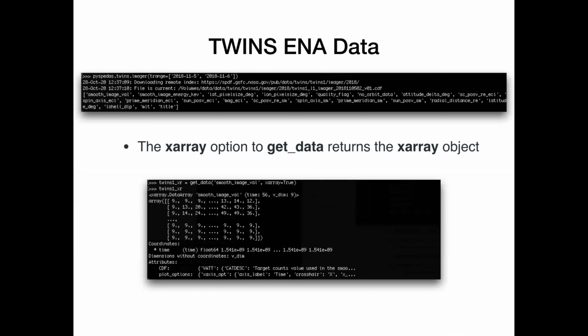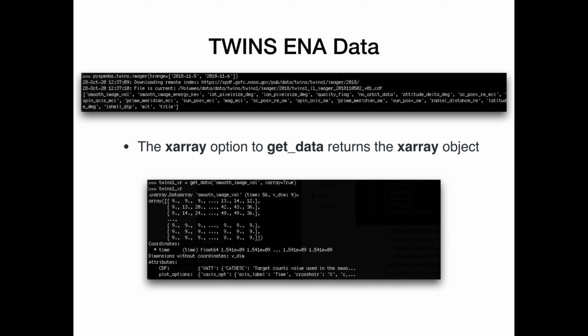So we also support the energetic neutral atom image data from TWINS. It's just pyspedas.twins.imager, and set the time range. By default, it loads TWINS 1. You can also set the probe to 2 to load probe 2. One useful thing here is that get_data can return the underlying xarray object. Internal to pytplot, all the data are stored as xarray objects, and you can access the xarray just by setting xarray to true.